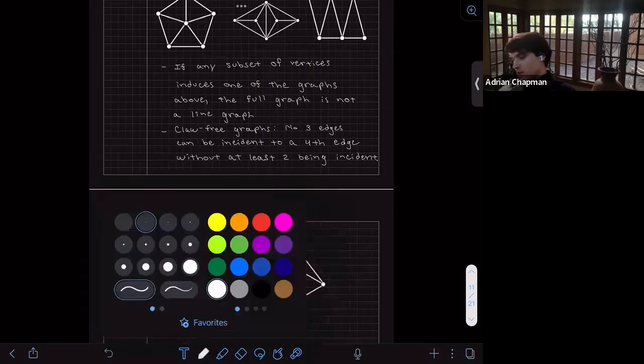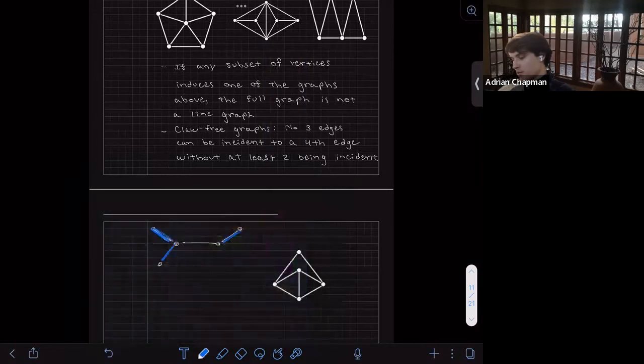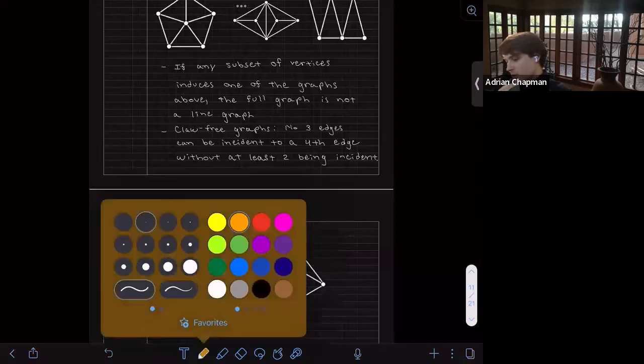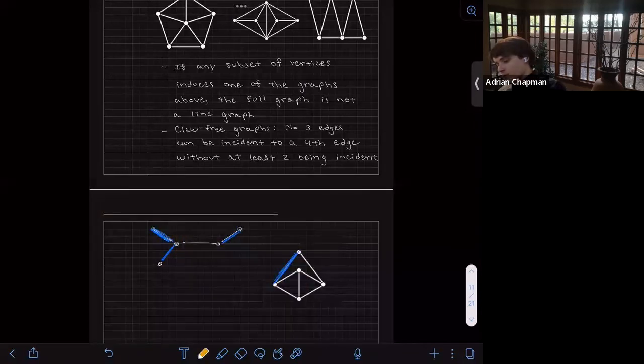Suppose I try to group the edges of this graph into cliques. I might start with this one. Now the topmost vertex here has to belong to the other, so this has to be part of the partition.